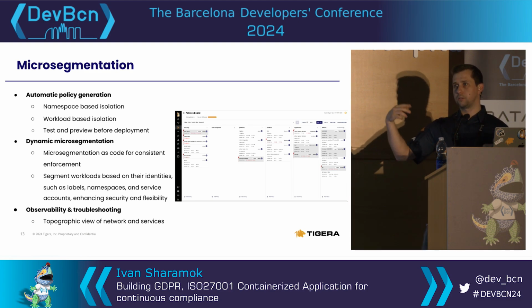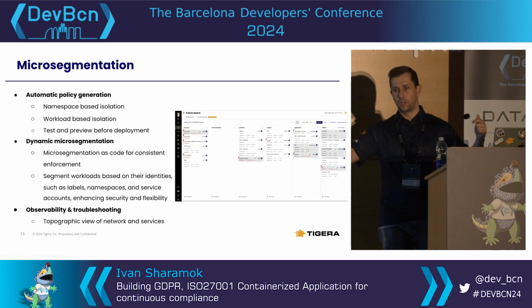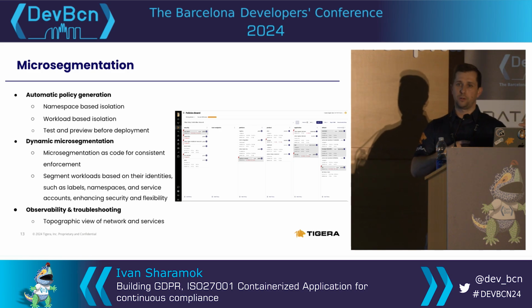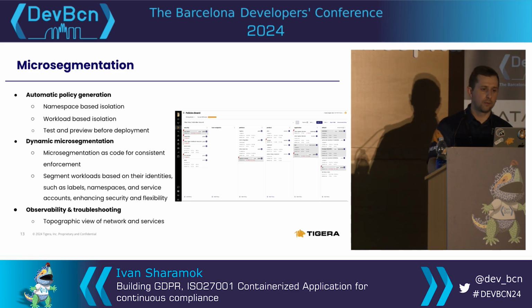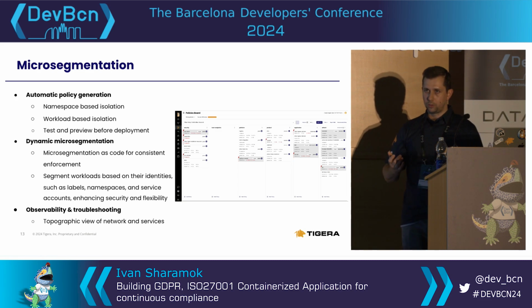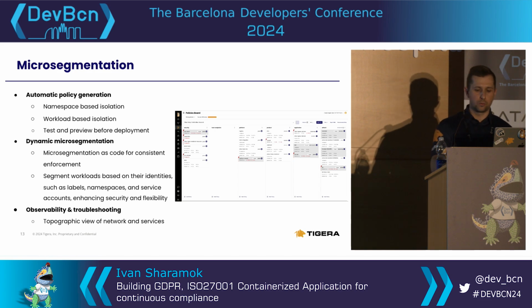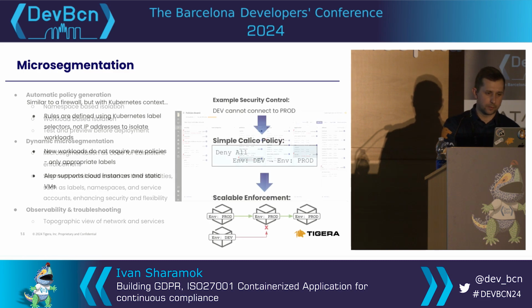So if the pod is restarting and moving to another node, the policy rules get torn down on that node if there are no other pods that match that label, and recreated on another node. So it follows the life cycle of the pod. And we provide a topographical view of all the communications in the cluster. Whichever pod or service is talking to what in the cluster, we put it into the graph.